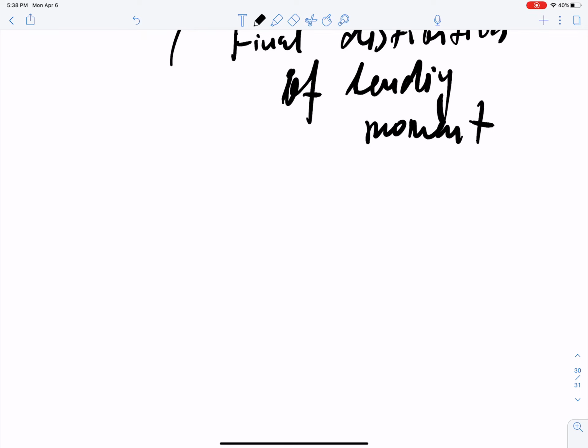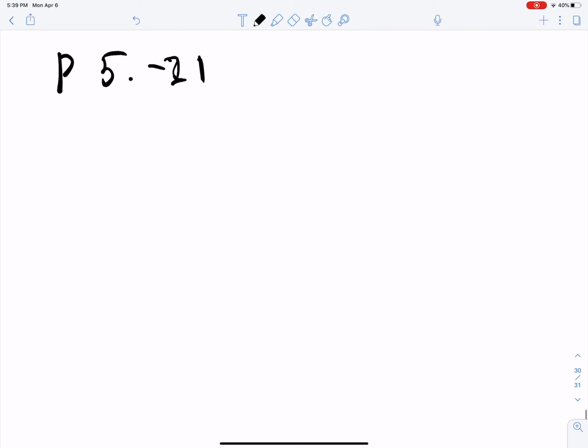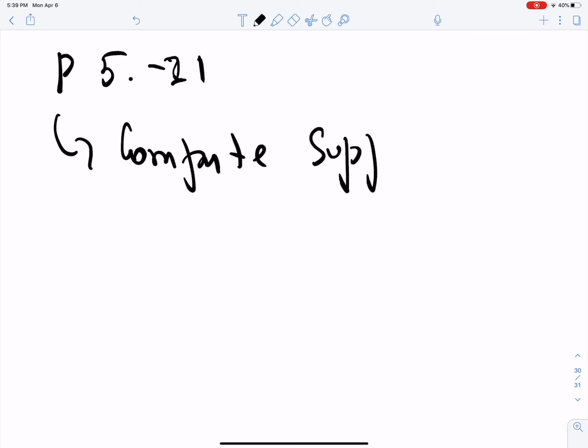All right. So now if you start on page 521, okay, you can also compute support reactions. Okay.